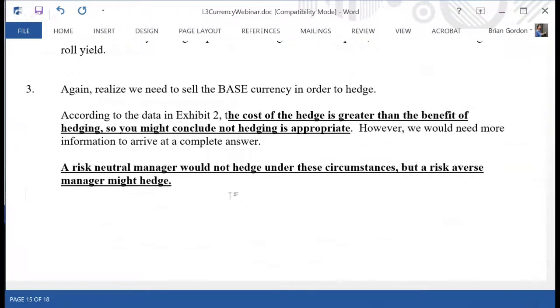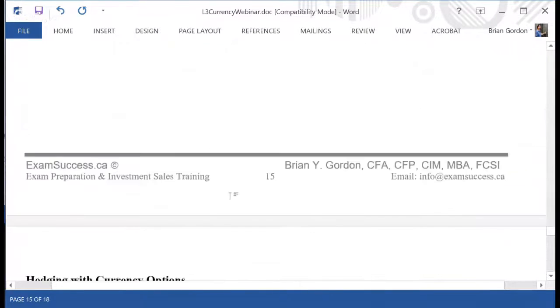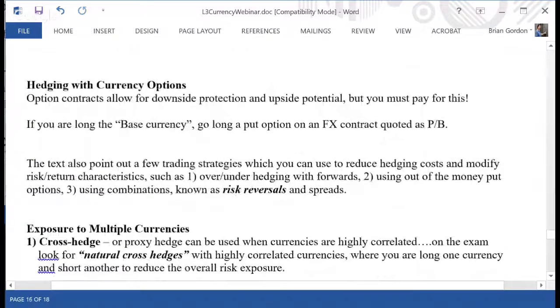So now the learning outcome statements move on. Let's just drop over here. They just talk about, again, hedging with option contracts on currency. And we've already started to talk about this. Really what were they focusing on? They were focusing on put options. And so talking about using put options.